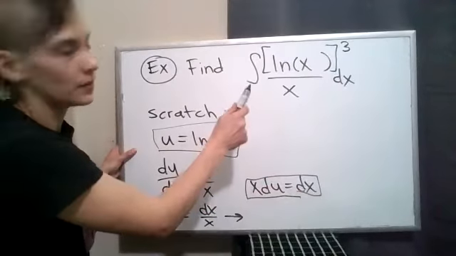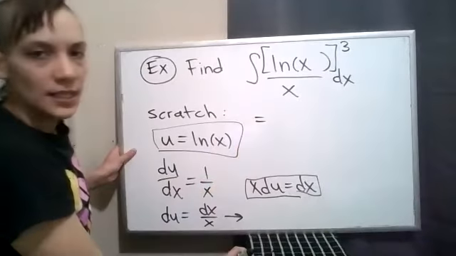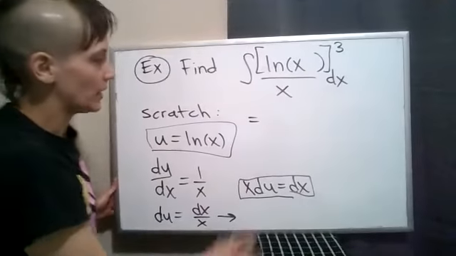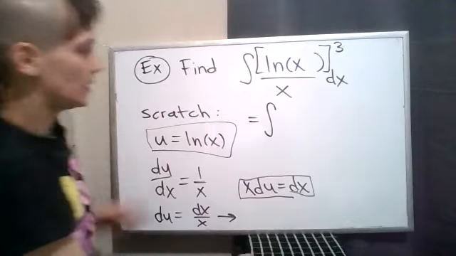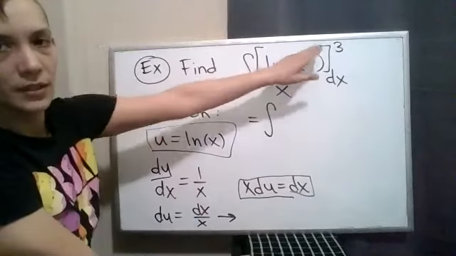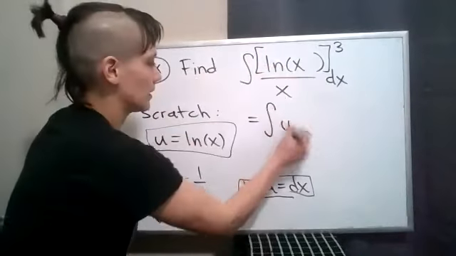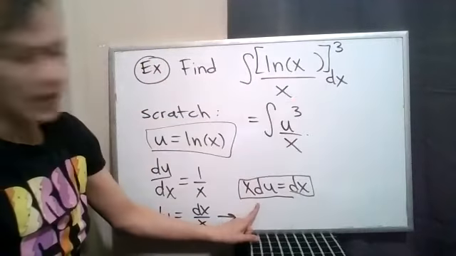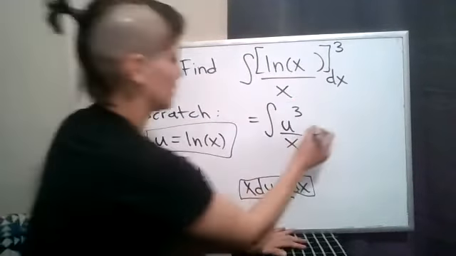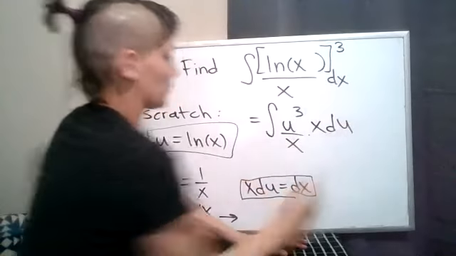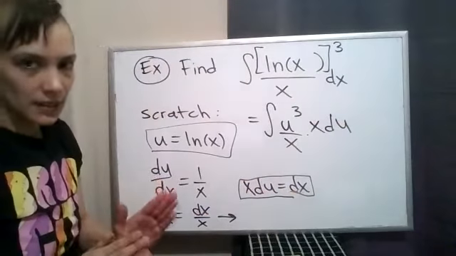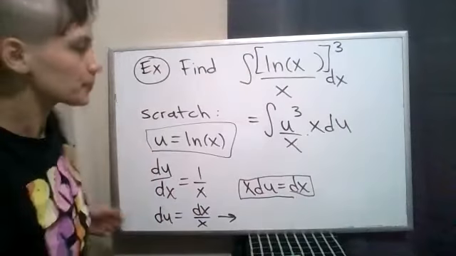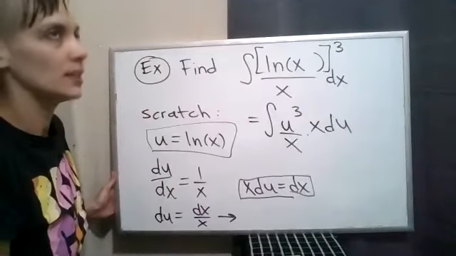And then we can see if the problem's easier to integrate after that. Integral of u cubed over x times dx, which is x du. So the x is reduced to 1. And it's the integral of u cubed du.